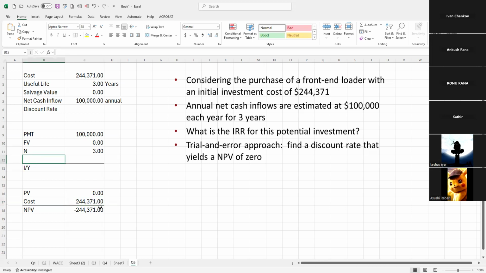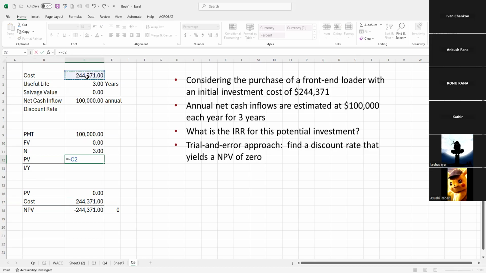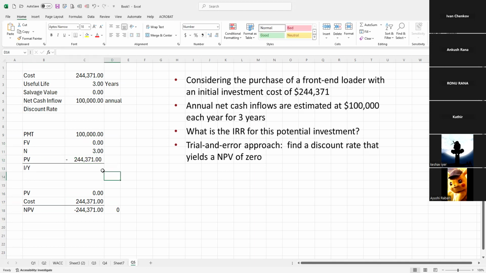No. Yes, but what I know is I want my net present value to be zero. How will my net present value be zero? Only and only if the present value is equal to the cost. So do I know my present value indirectly? Yes. And don't forget to enter the present value as a negative amount. That will be equal to negative cost. That's not a percentage, that's going to be a pure number. So now I can run the calculation.